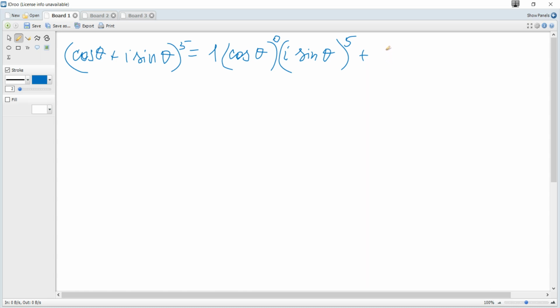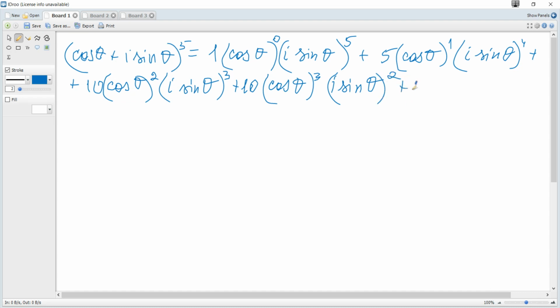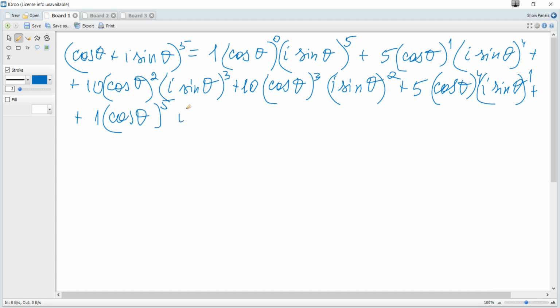So the next term is 5 cos^1 (i sin)^4, plus 10 cos^2 (i sin)^3, plus 10 cos^3 (i sin)^2, plus 5 cos^4 (i sin)^1, and finally plus 1 cos^5 (i sin)^0.